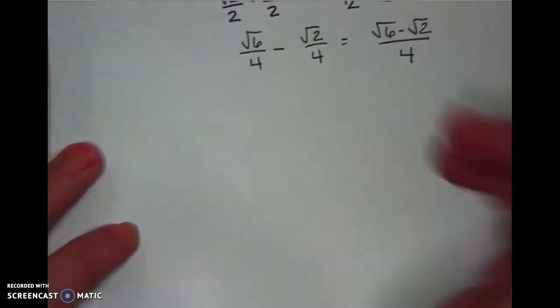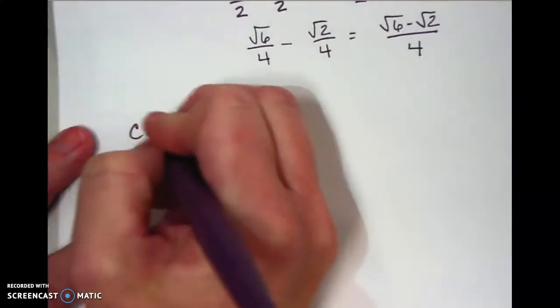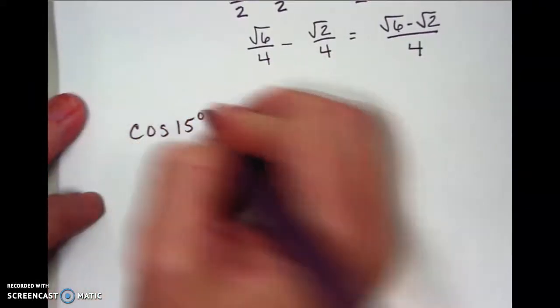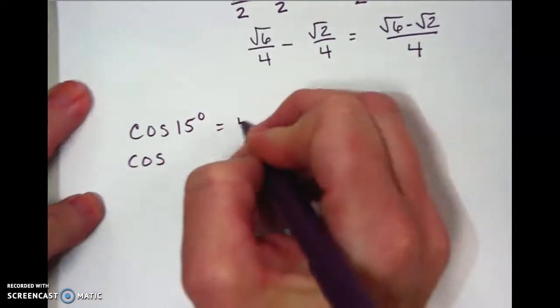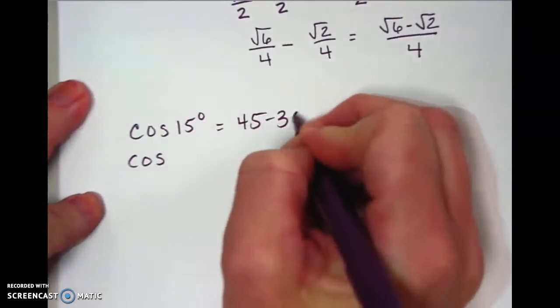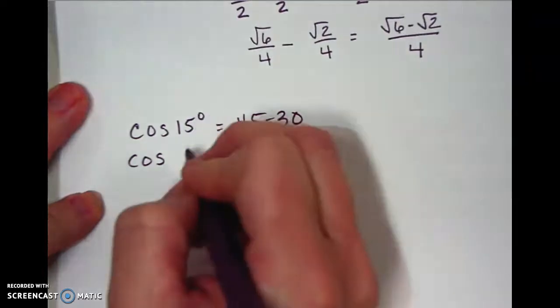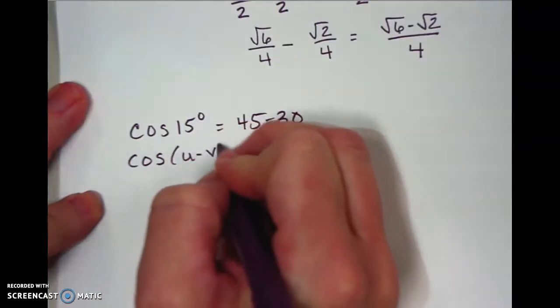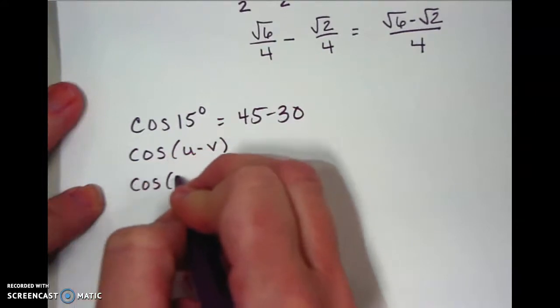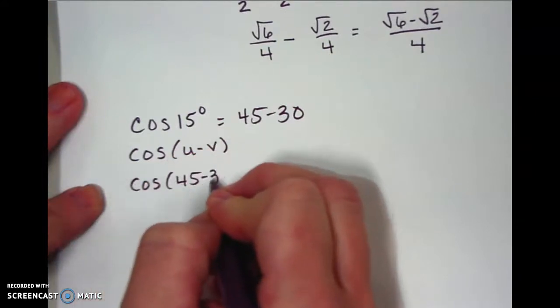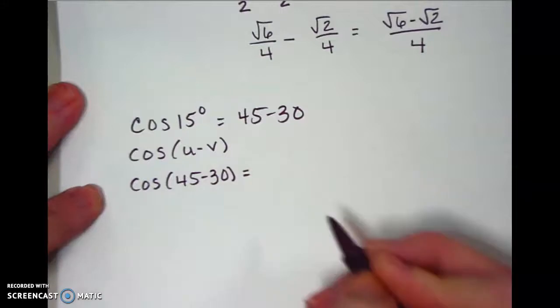So let's do the same thing for the cosine at 15 degrees. Again, 15 degrees can't be on our unit circle, so we're going to use 45 minus 30 degrees. So the cosine of u minus v again, because we're using subtraction, for the cosine of 45 minus 30, which is the same as 15 degrees.